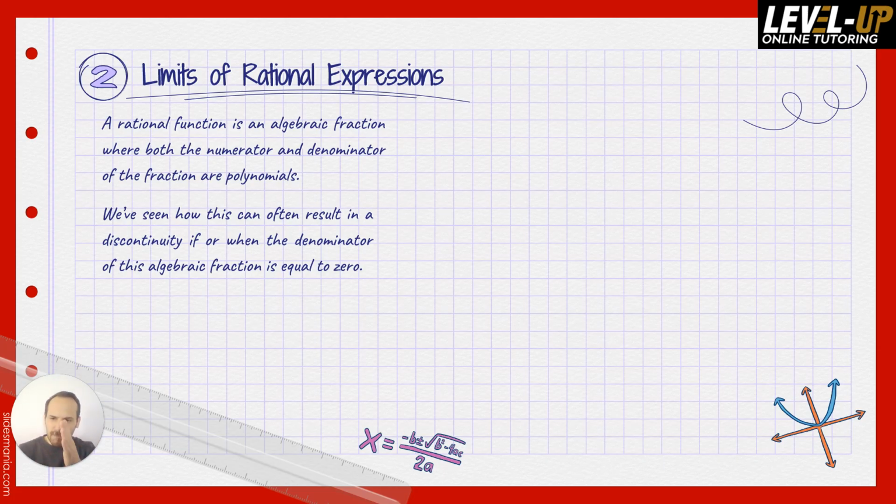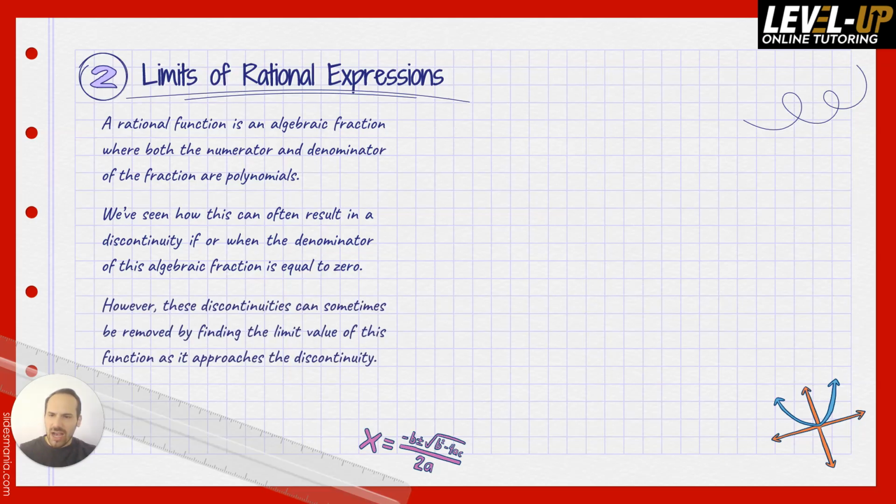That's a discontinuity. At the value of the asymptote there is essentially a gap in the graph because the function cannot equal that value. So that's what we refer to as a discontinuity. It's like a gap in the graph because of that undefined value.